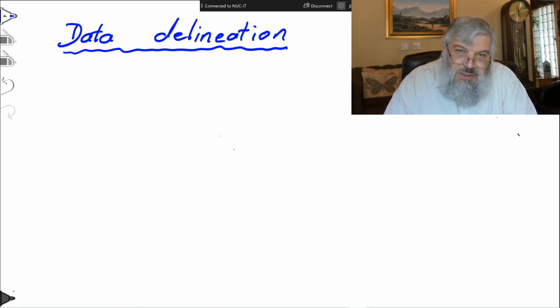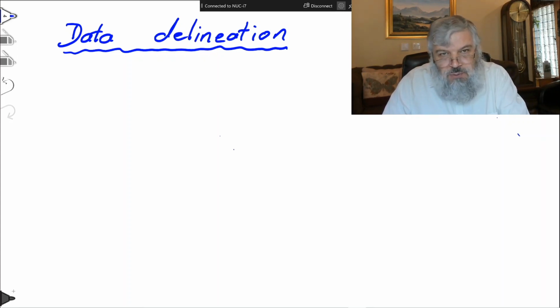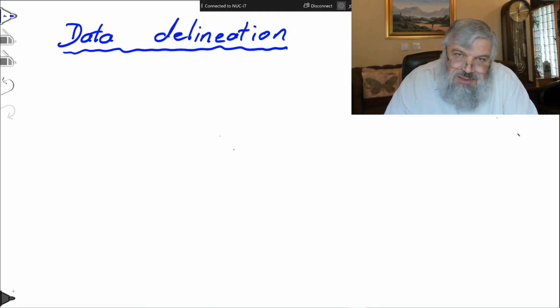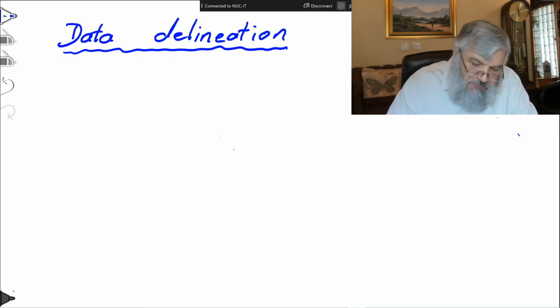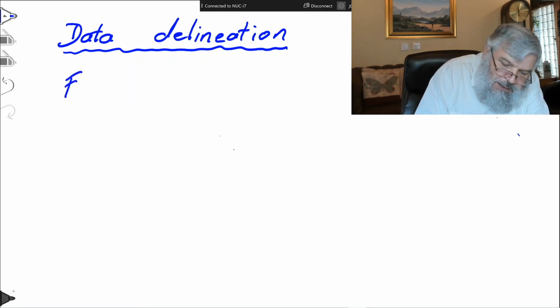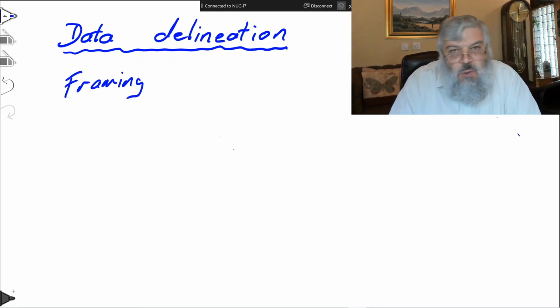So somehow you need to know, where do I start and interpret what follows, and where do I end, and what is just accidentally on the physical line. So on the one hand, we have to think about framing. Framing in the sense of, where does something begin and where does it end?